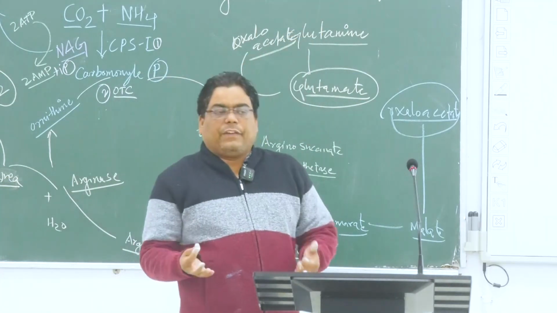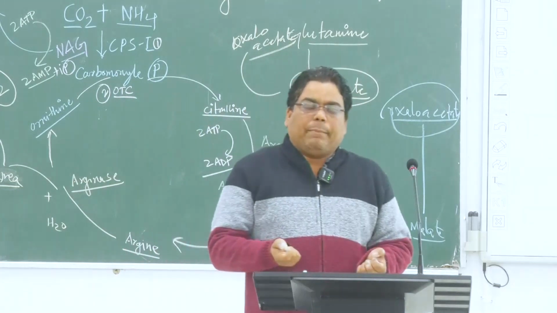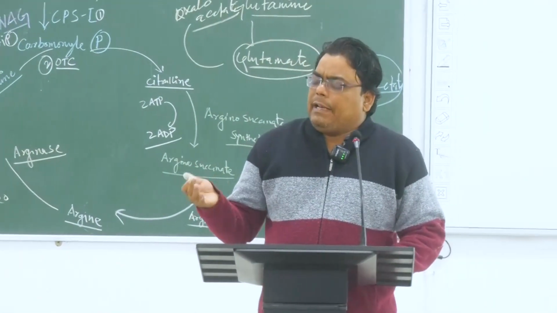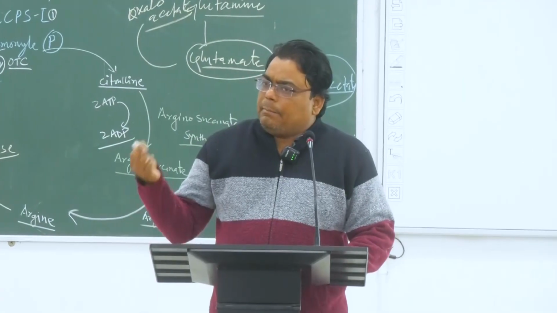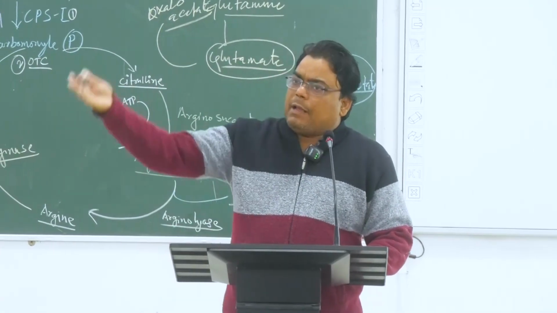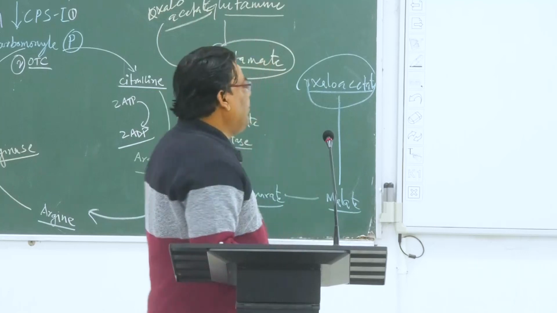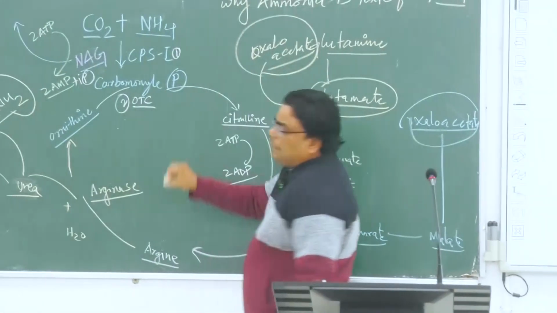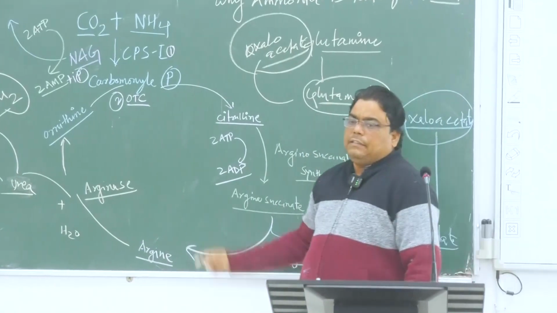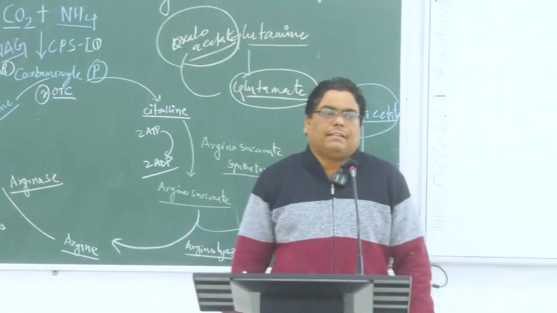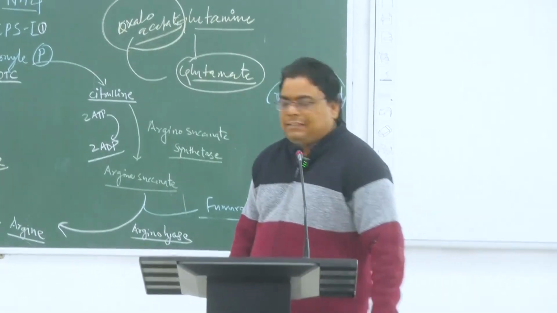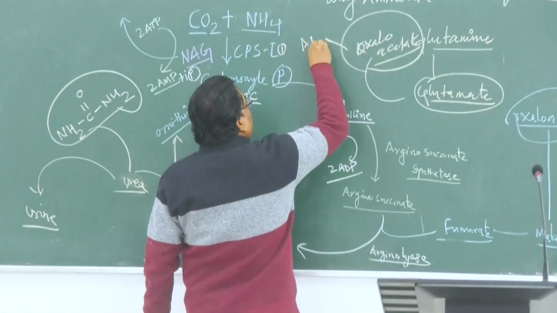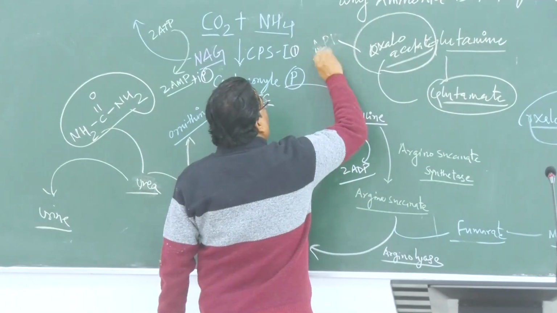If there is intoxication, that means if there is a high level of ammonia in the brain and in the blood, that means glutamine is present in more amount, then by feedback regulation, this oxaloacetate is not formed, and this is the main intermediate step of the TCA cycle. Due to this, ATP production stops.